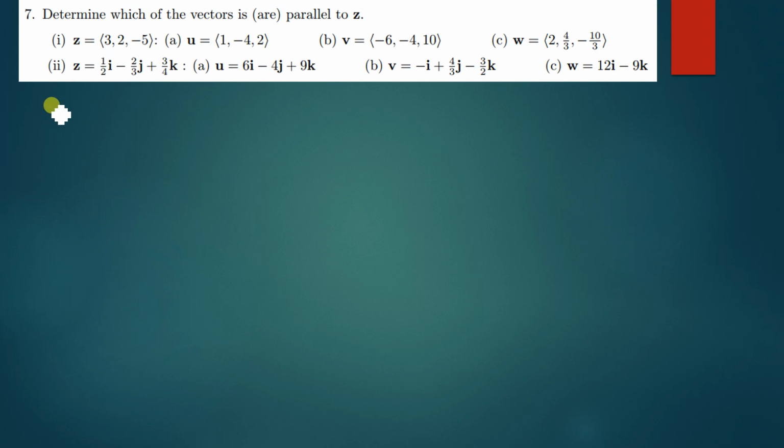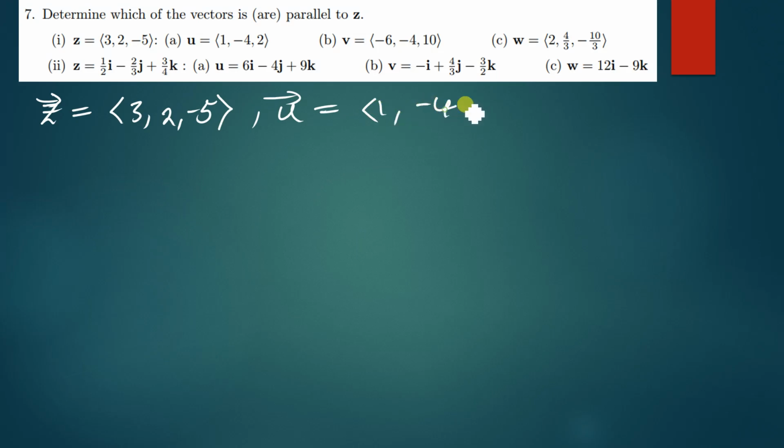The first example that we have, Z has been given as (3, 2, -5), and U has been given to be (1, -4, 2).